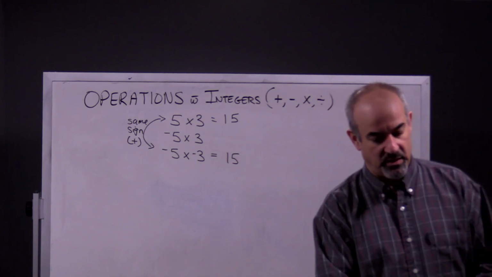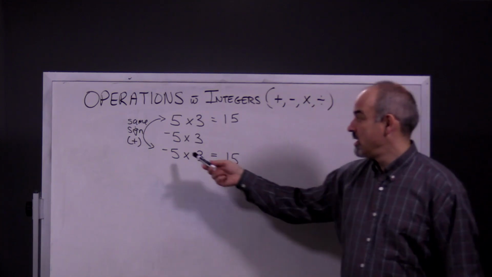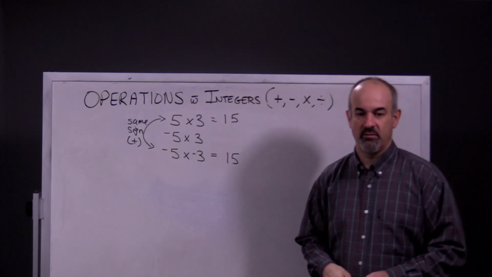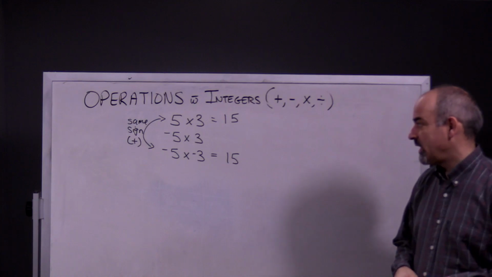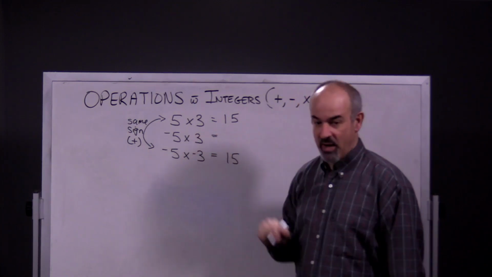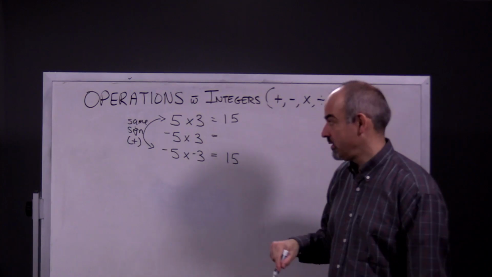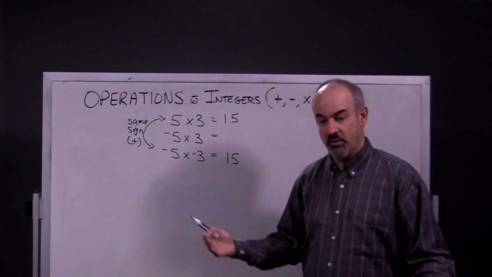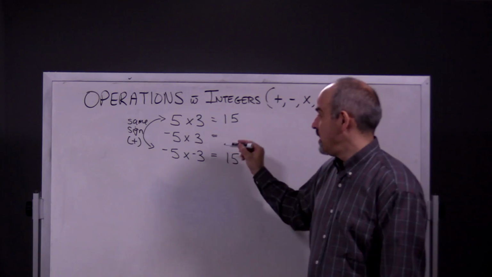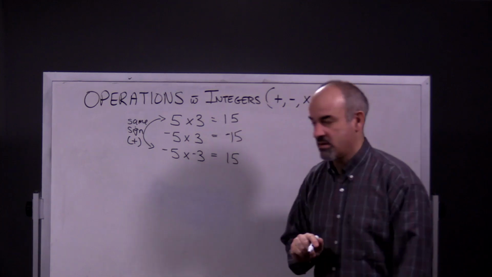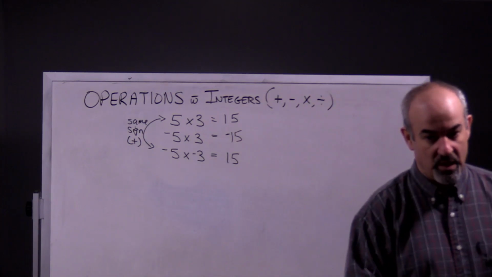And you basically can disregard the signs, and say it's just like 5 times 3. It's 15. When one of them's negative and one's positive, it doesn't matter which one either, you still can disregard the signs and multiply 5 times 3, but then the product will be negative.